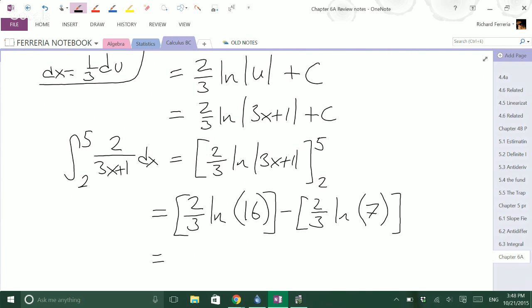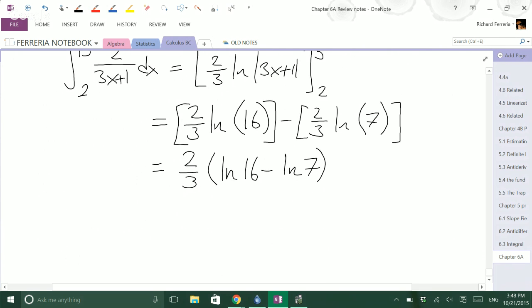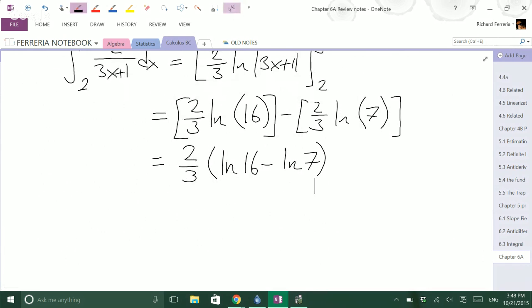All right, we can factor out a 2/3 from both. And this is just simplifying now. And using properties of logs, we have 2/3 of the natural log 16 over 7.